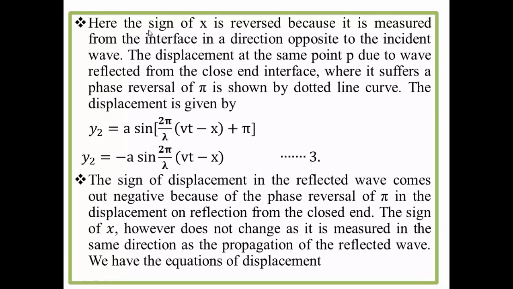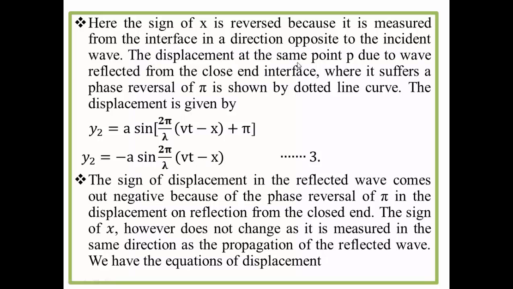Here the sign of x is reversed because it is measured from the interface in the direction opposite to the incident wave. What is the incident wave? y is equal to a sin 2π/λ into (Vt minus x). Now what is the reflected wave? The sign of x is reversed, that is a sin 2π/λ into (Vt plus x).